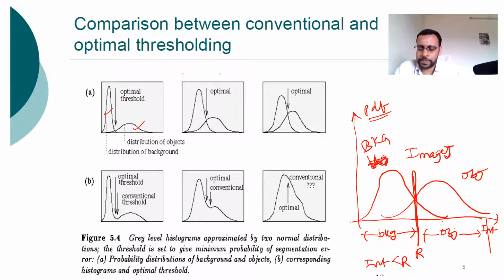Can you comment in terms of errors? What is it that we are optimizing when I allocate intensities to background and object this way? Any thoughts?